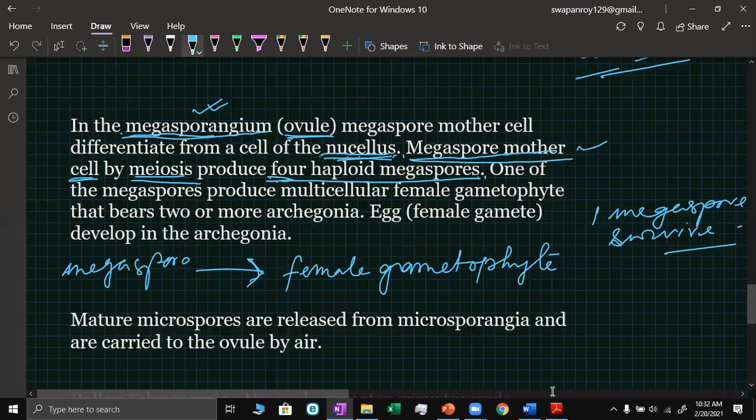From the female gametophyte, the archegonia develop, and in the archegonia there is an egg.